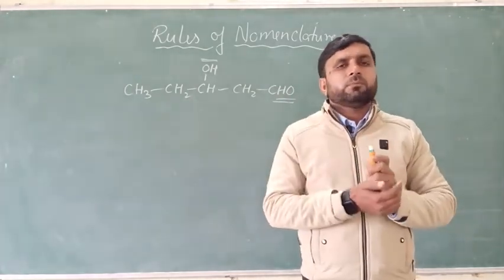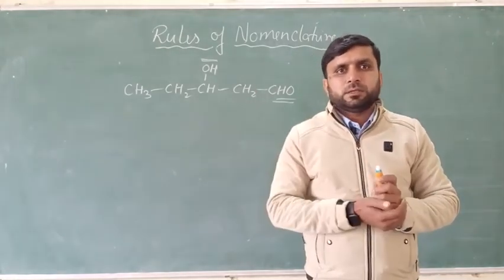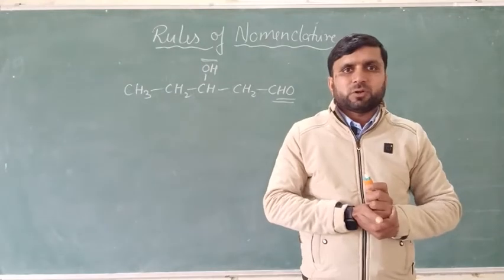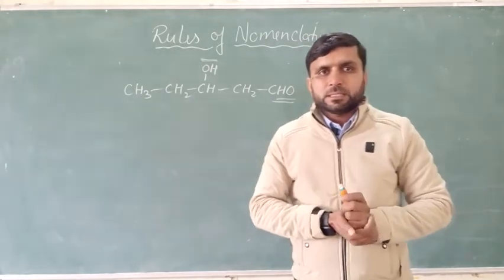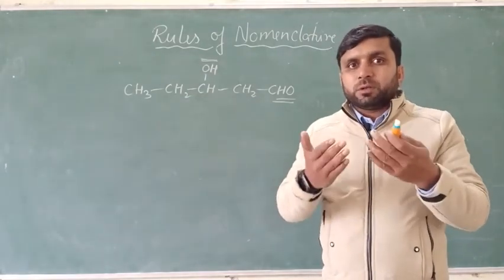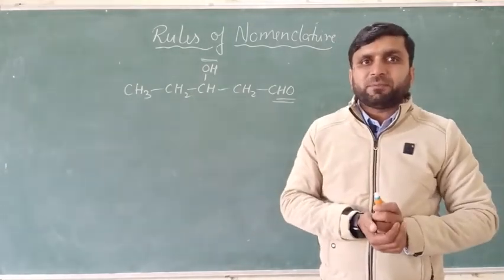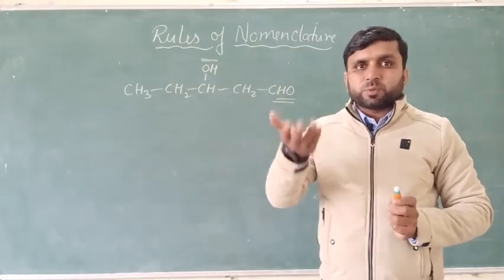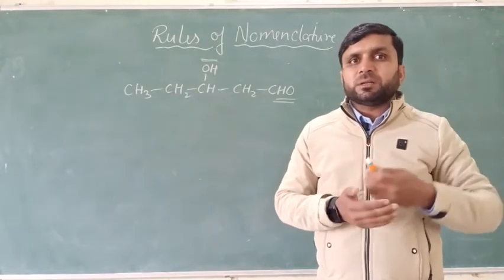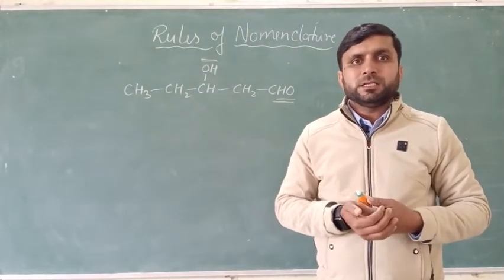Now which group is considered the main functional group and which are considered branches will be decided by a series called the priority order of functional groups. Some functional groups are superior to the others, and the more prior, more superior groups should be given preference. If there are two functional groups and one is superior to the other, then the one with the higher position in the priority order will be considered the main functional group, and the remaining will be considered the side chain.